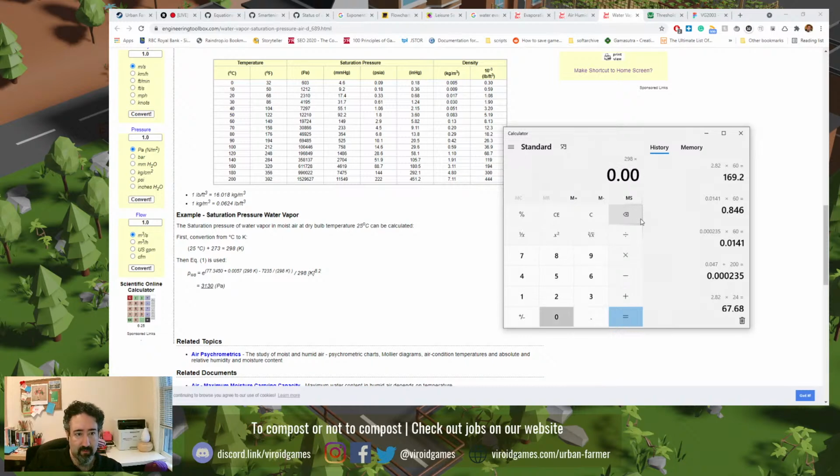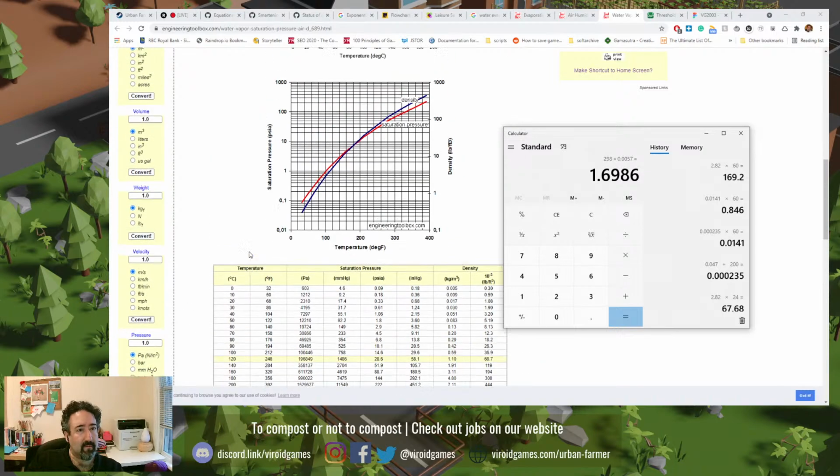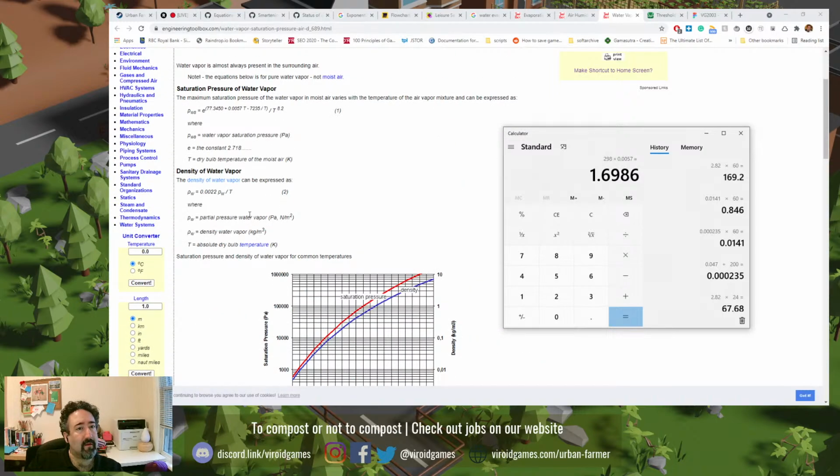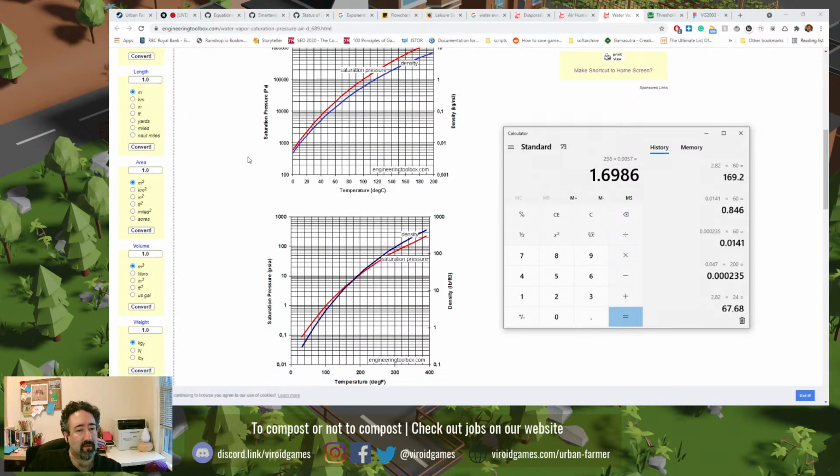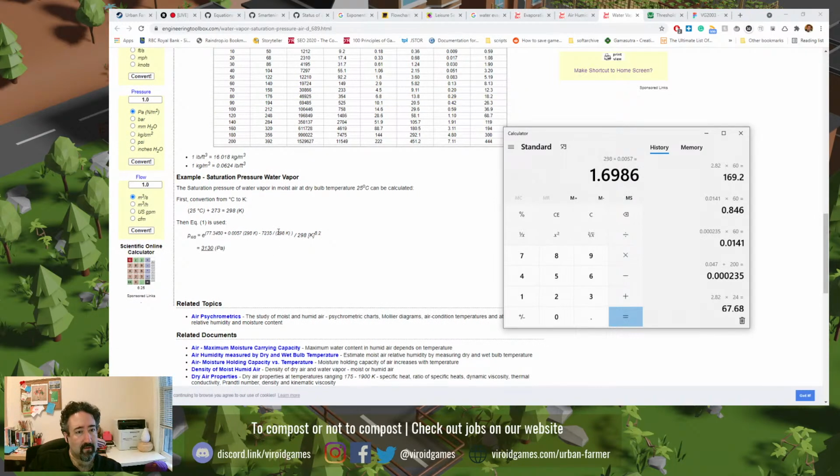208 times 005. Okay, that's the, then that's essentially this. Okay, there's something wrong here. But over t, right? Okay, this is over t, not times t.